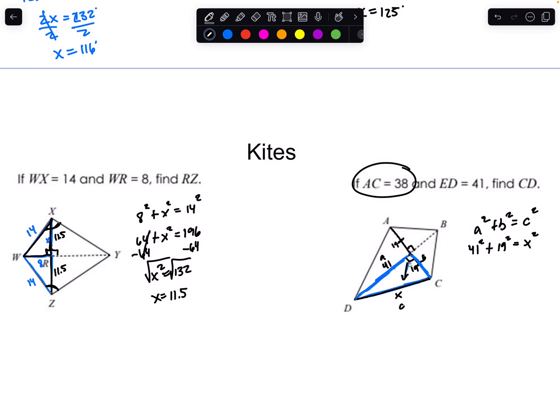And now I can do some basic math. 41 squared is 1,681. 19 squared is 361. When I add those two together, 1681 plus 361 is 2042.